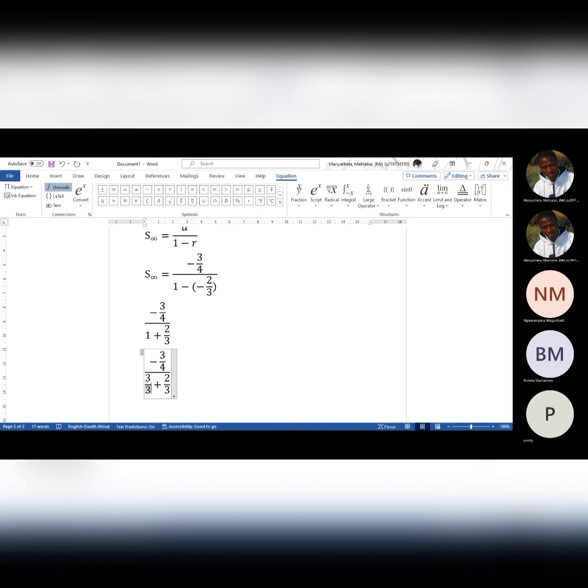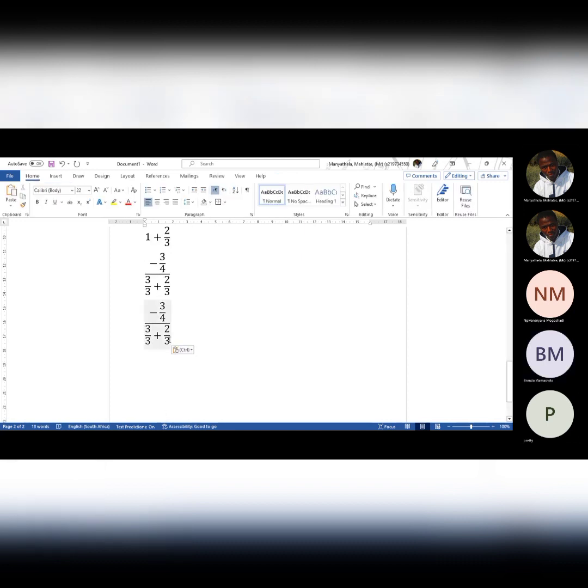We add the numerators and keep only 1 denominator. So 3 plus 2 is 5.